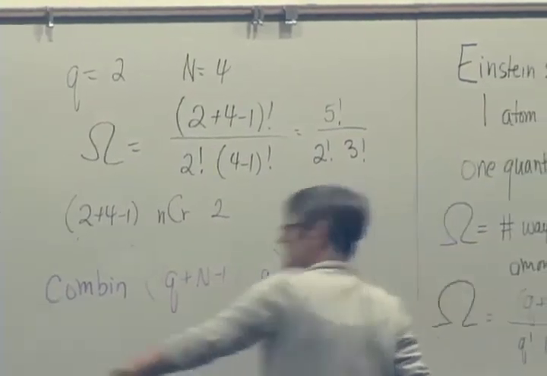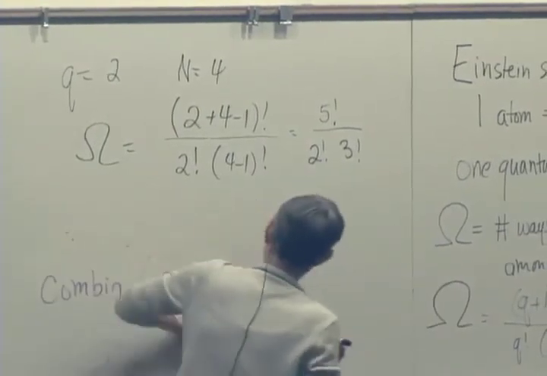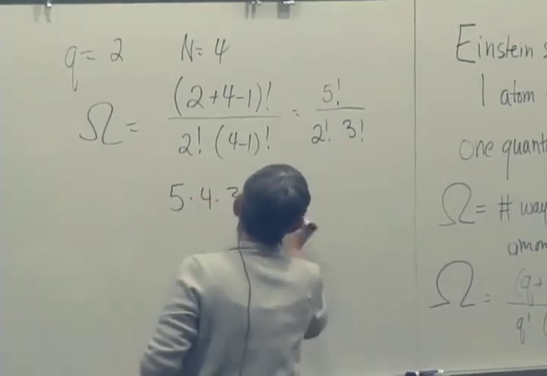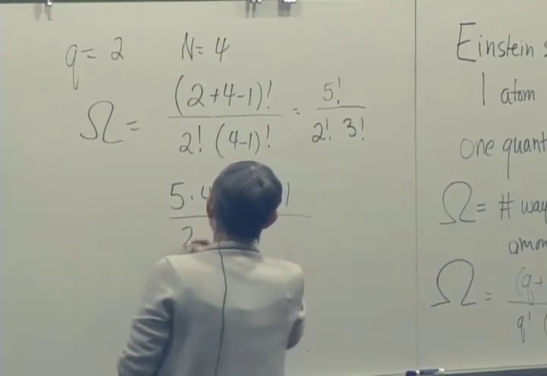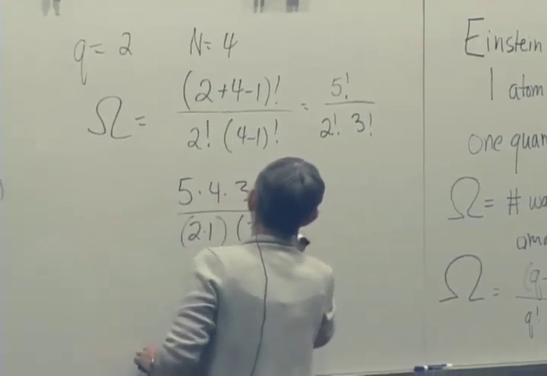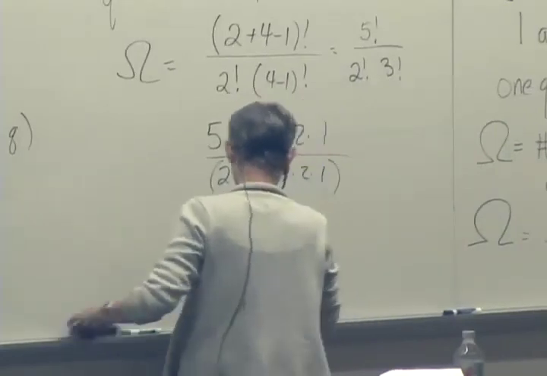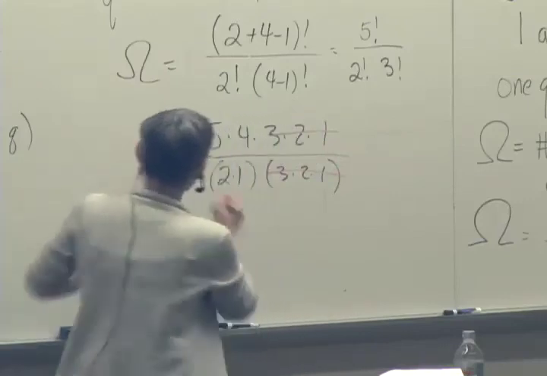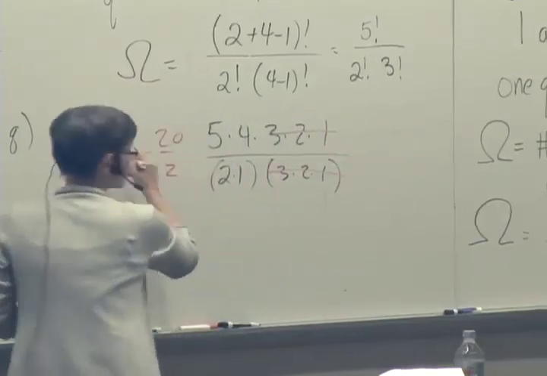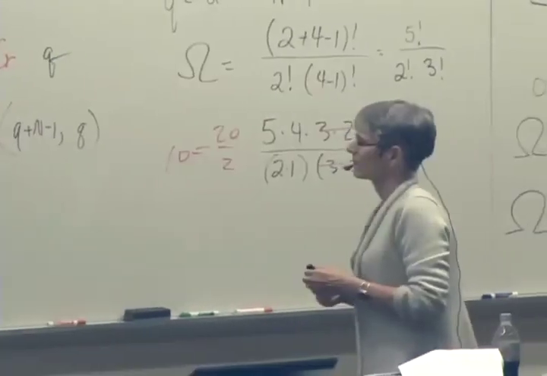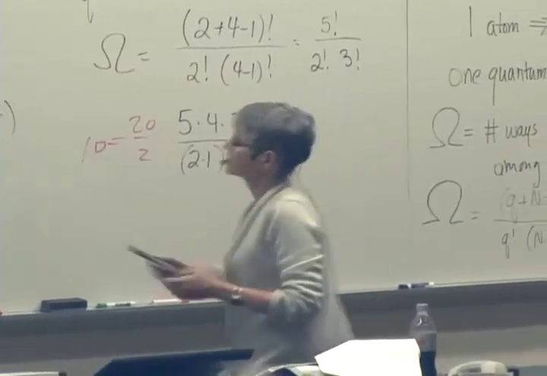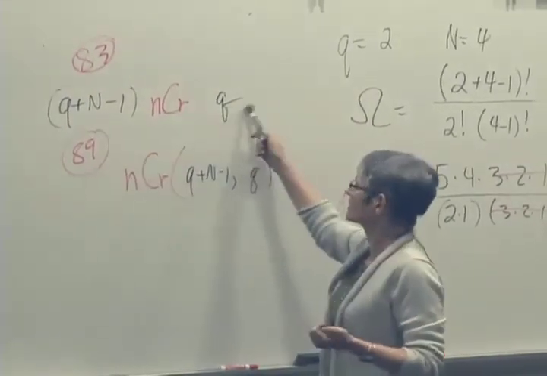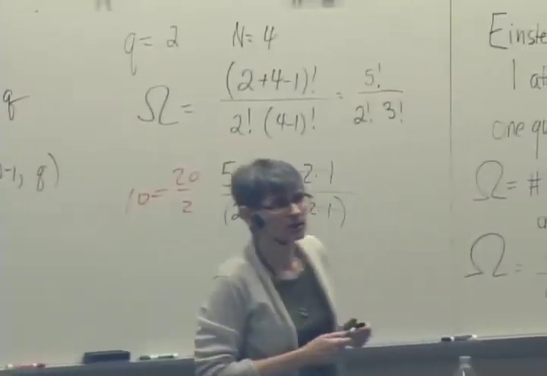So that is 5 times 4 times 3 times 2 times 1 divided by 2 times 1, 3 times 2 times 1. Those cancel. We've got 20 divided by 2, which is 10. Yep, 2 plus 4 minus 1 here. You might need to use parentheses, or you can also add it yourself. And then 2 here. So everybody get that?